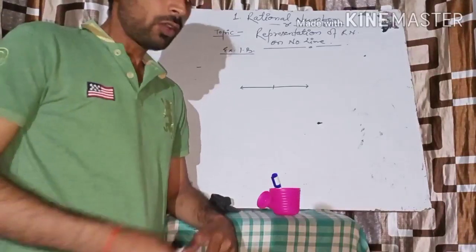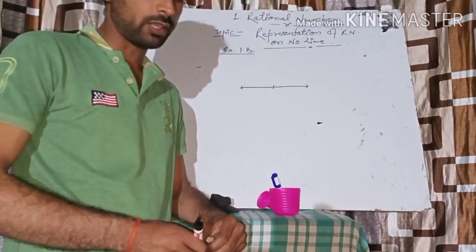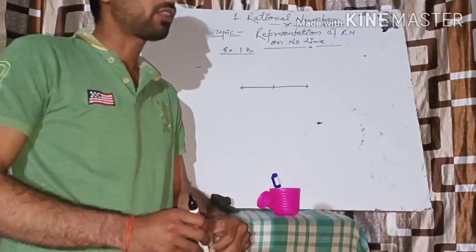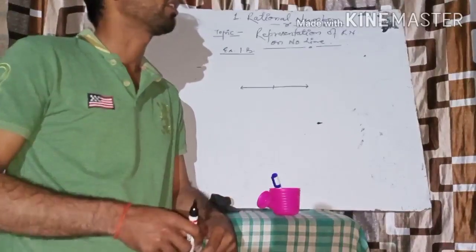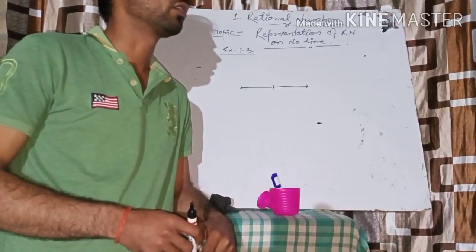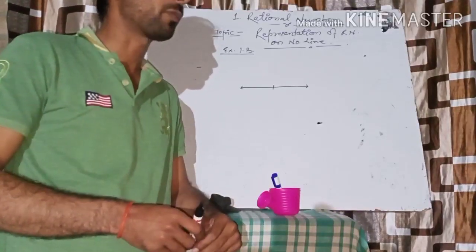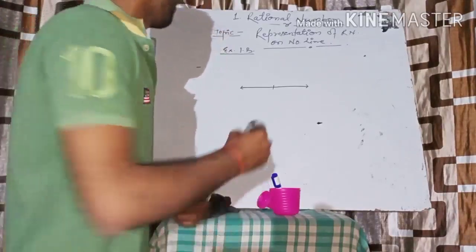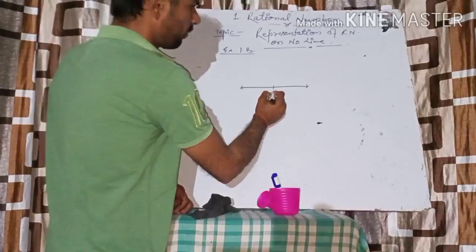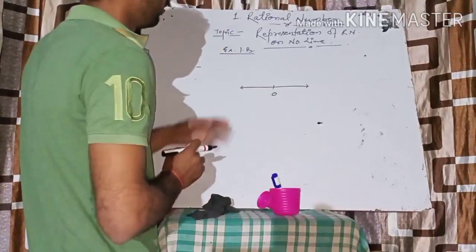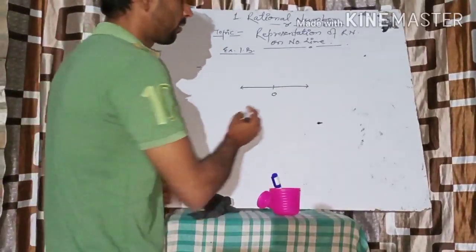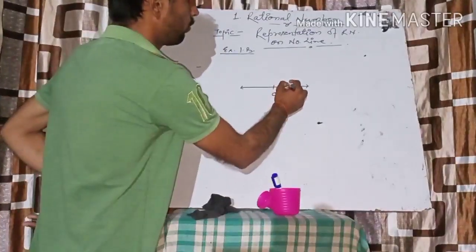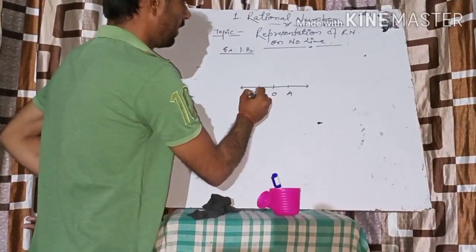I hope you know how to represent integers on the number line, as you have already learned this topic in your previous standard, the 7th standard. Here is your number line. I have divided this line into two equal segments. Let's take A here and A dash here.